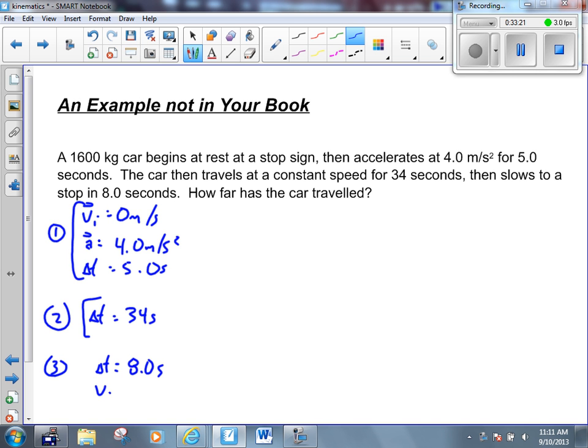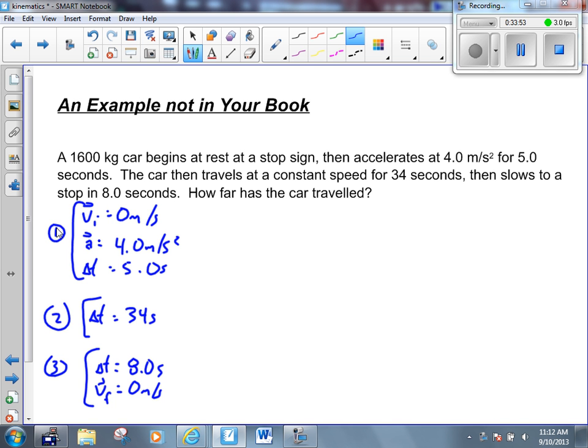We're going to say that VF in stage 3 is 0 meters per second because it does say it comes to a stop. Now, if we want to find out how far the car has traveled in total, let's find out how far the car has traveled in stage 1, then stage 2, then stage 3, and then let's add them up.